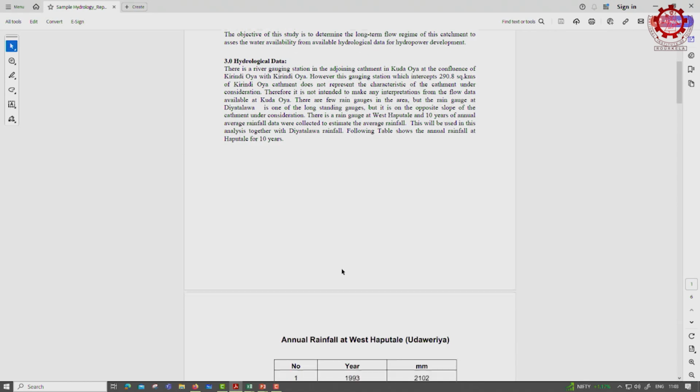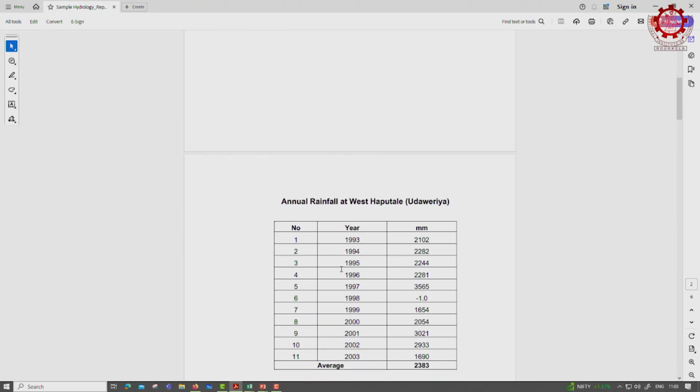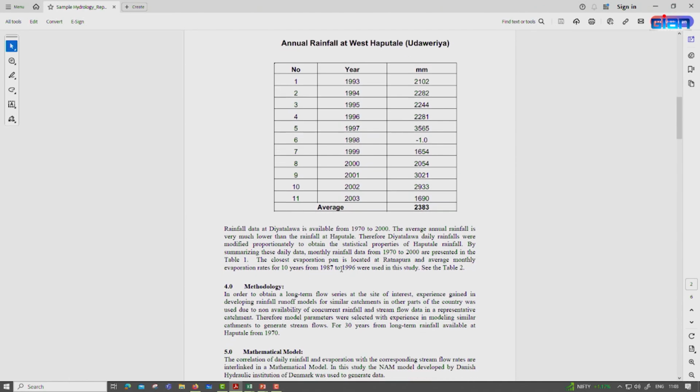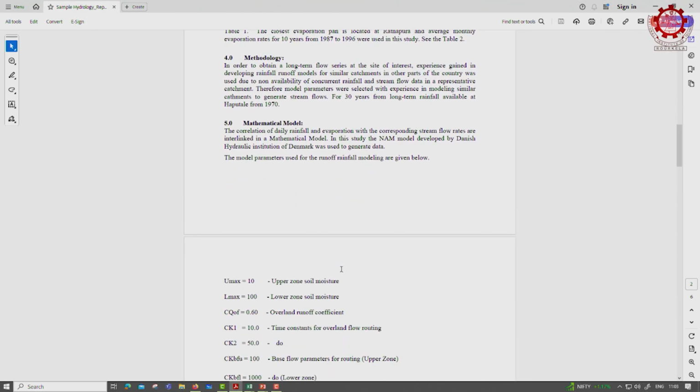I will not waste time here reading this report, but I will tell you what is the final outcome of the study. He is using his expert knowledge and some mathematical models. You can see, I will read here, item 5, mathematical model. The correlation of daily rainfall and evaporation with the corresponding stream flow rates are interlinked in a mathematical model.